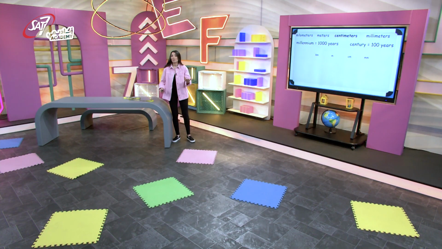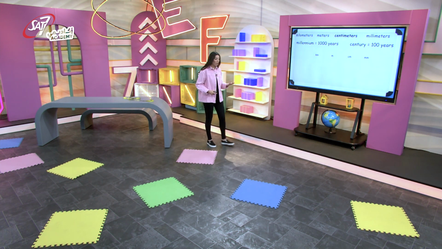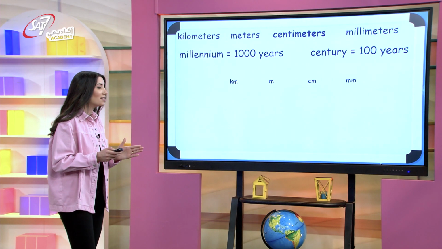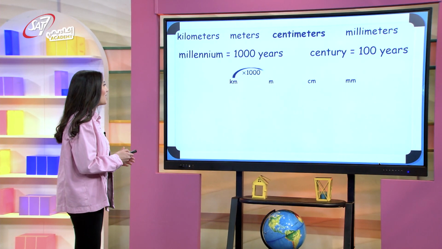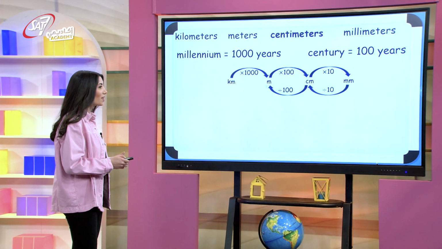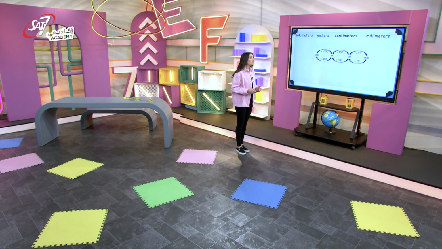From meters to centimeters, we multiply by 100. And from centimeters to millimeters, we multiply by 10. This means if we divide a centimeter into 10 equal parts, each part is a millimeter. A ruler that measures in centimeters usually divides each centimeter into 10 smaller parts or dashes, indicating the millimeters.